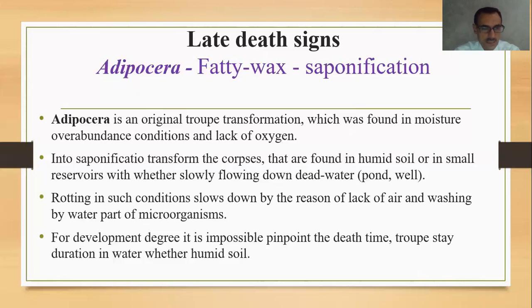Rotting in such conditions slows down by the reason of lack of air and washing by water of part of microorganisms. For development degree, it is impossible to pinpoint the death time, true stay duration in water, weather, humid soil.